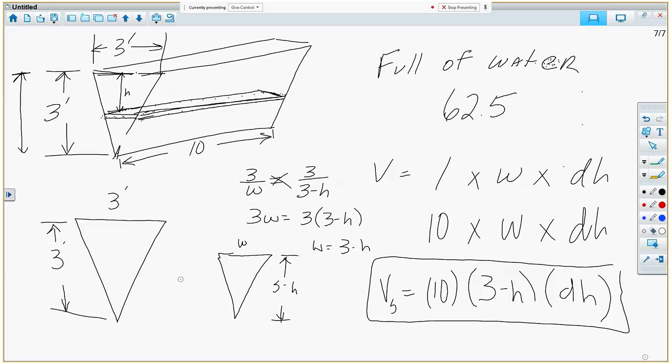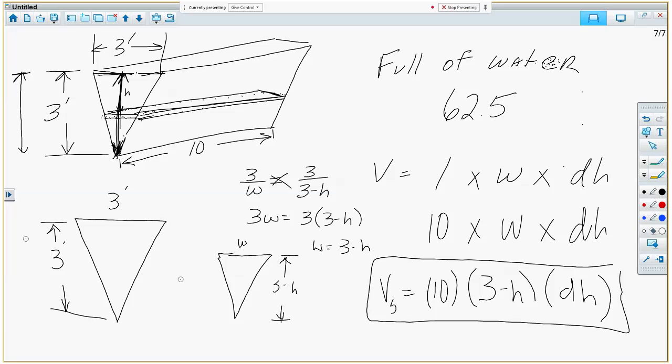Density, which is 62.5. And then the displacement, which is h. The height. This h goes all the way from here to here. From there to there is h.